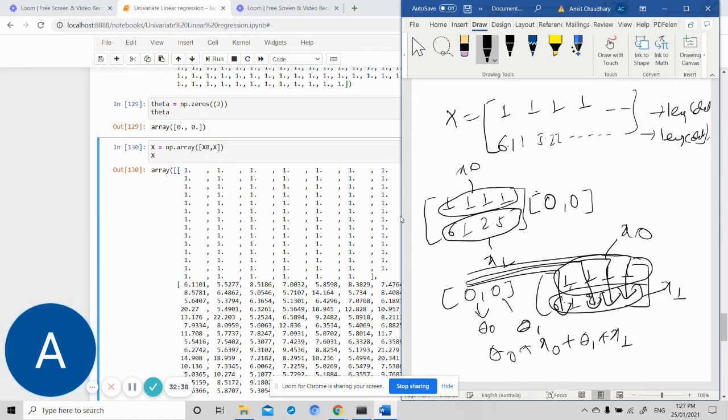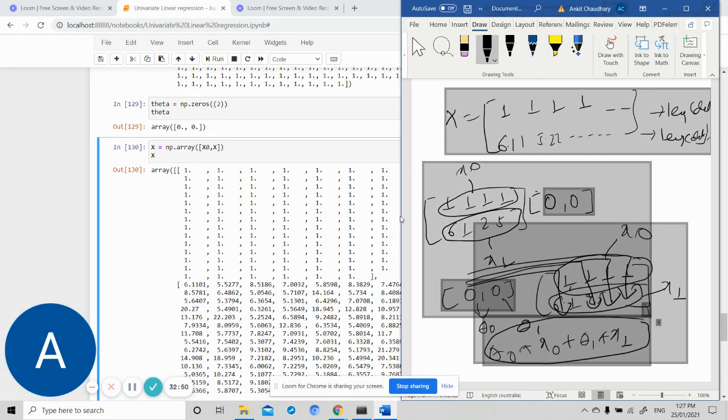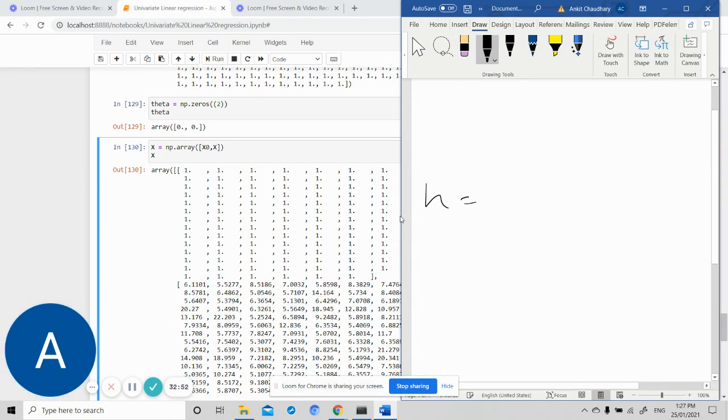We did matrix multiplication because we need to generate the hypothesis, which is theta naught plus theta 1 x1, similar to theta naught x naught plus theta 1 x1, where x naught is 1.